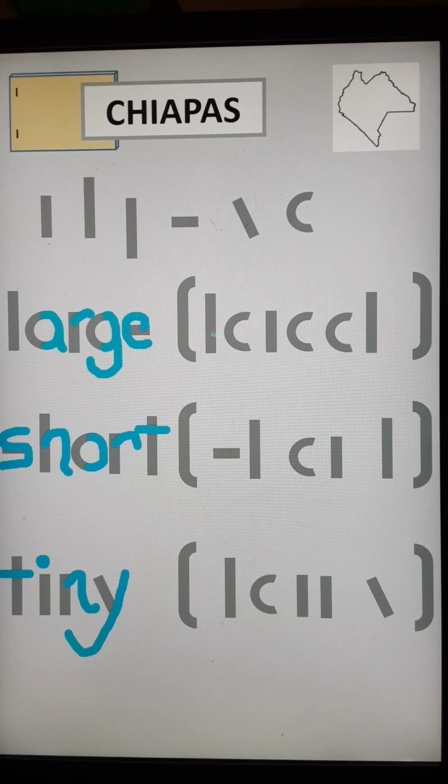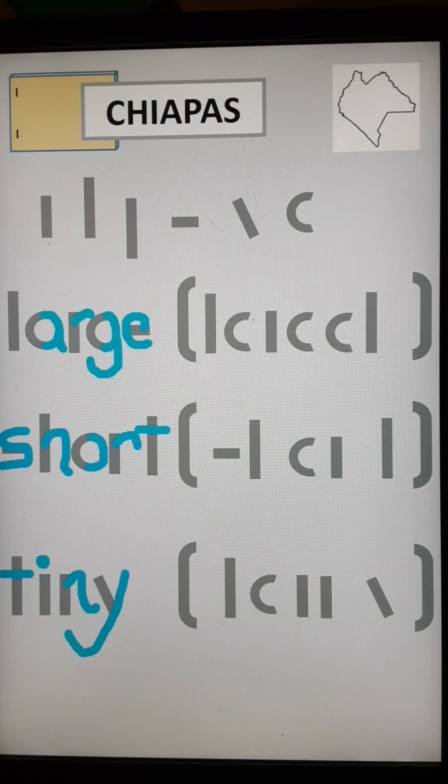Large is going to have that same L. If you know how to write the pronunciation of large, give it a try. You can pause. And we're back. Large. We're going to need an A here.